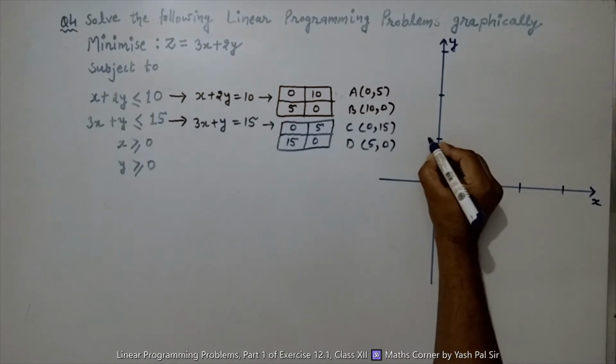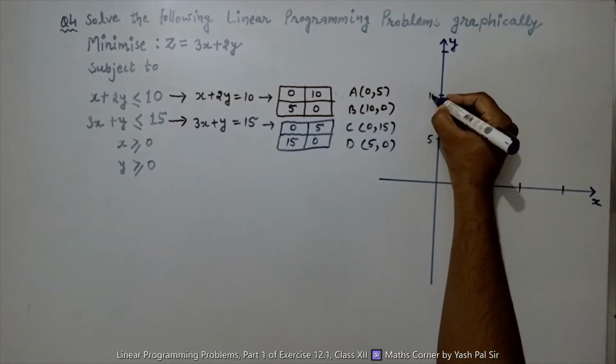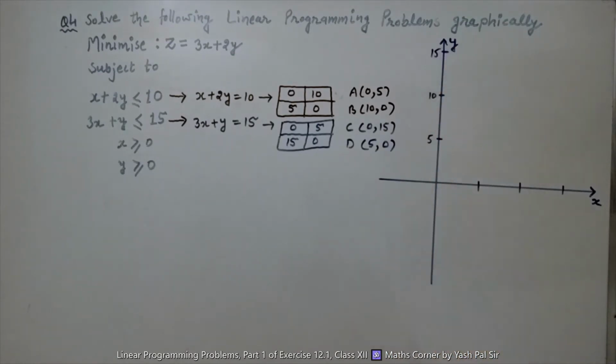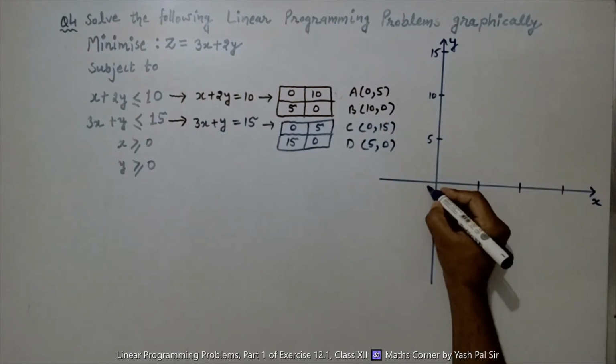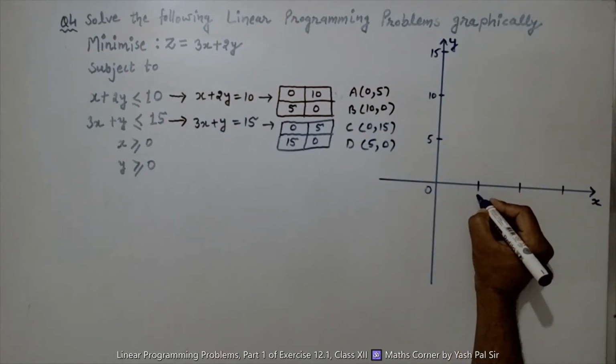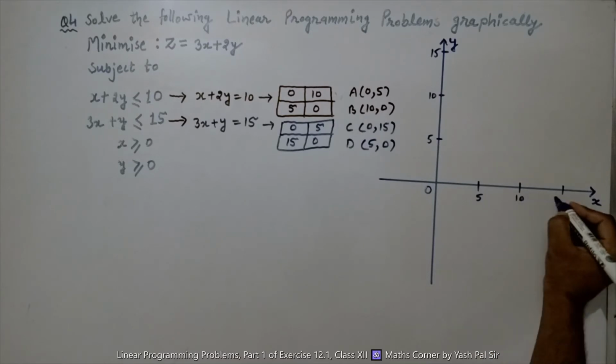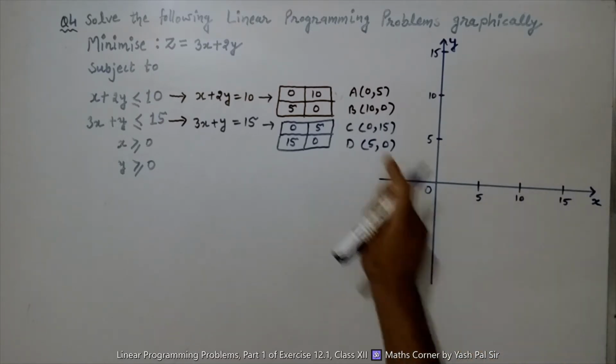According to this table value, y is 5, y is 10, y is 15. This is origin O, x is 5, x is 10, x is 15.